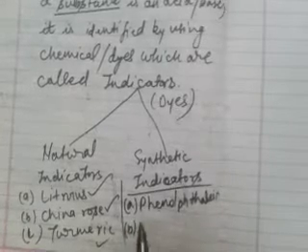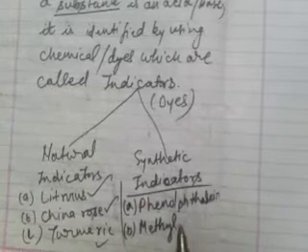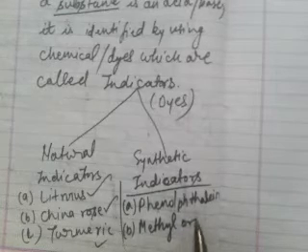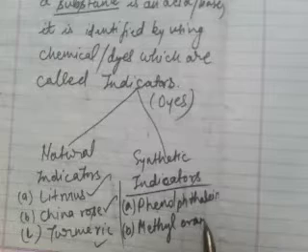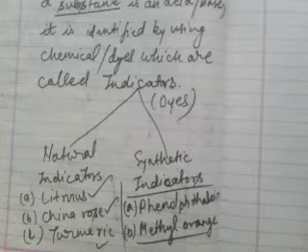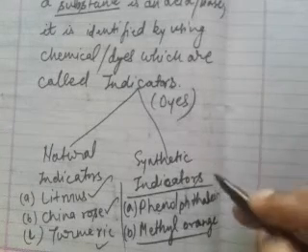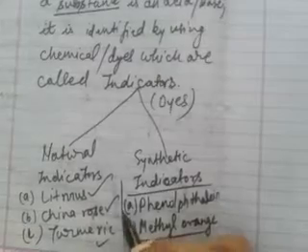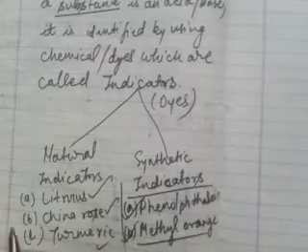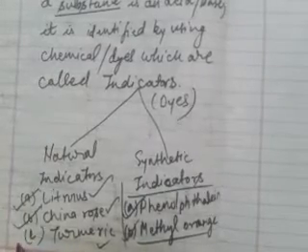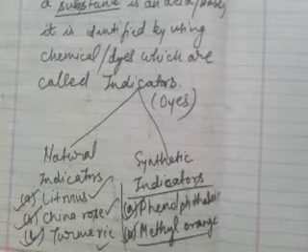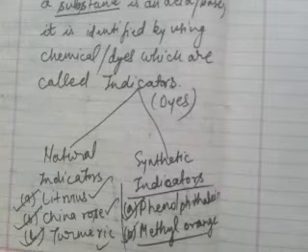And another one is methyl orange, but it is not in your syllabus. You will study about methyl orange in your higher classes. There are two synthetic indicators, phenolphthalein and methyl orange. And natural indicators are litmus paper, China rose and turmeric, which we use to detect whether a given substance is an acid or a base.